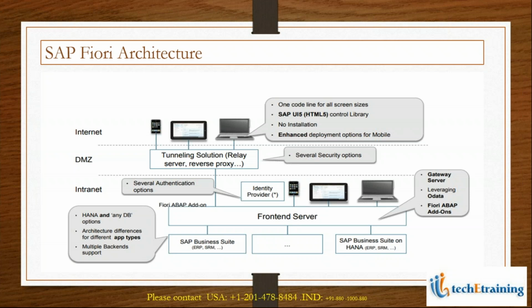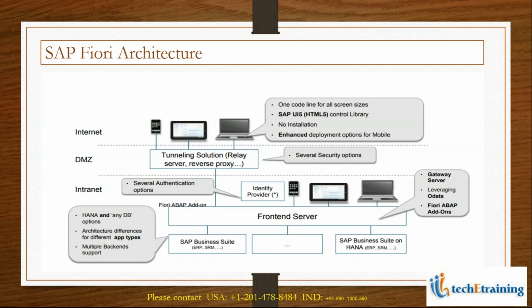Whenever you address a URL, that URL will take you to your SAP server. Inside the SAP server, there is a web dispatcher. The web dispatcher will take your HTTP request, and through that request the application will be loaded on demand.